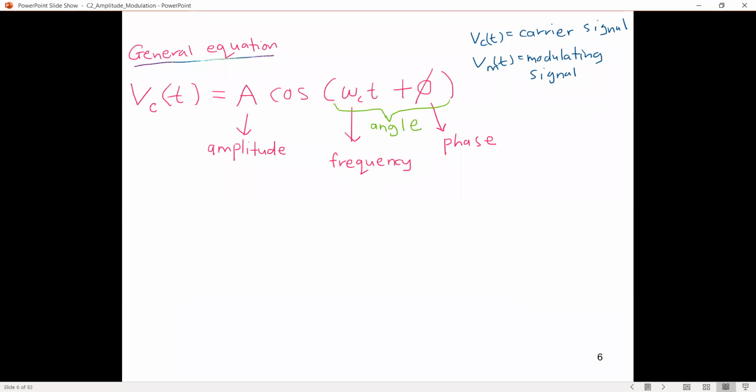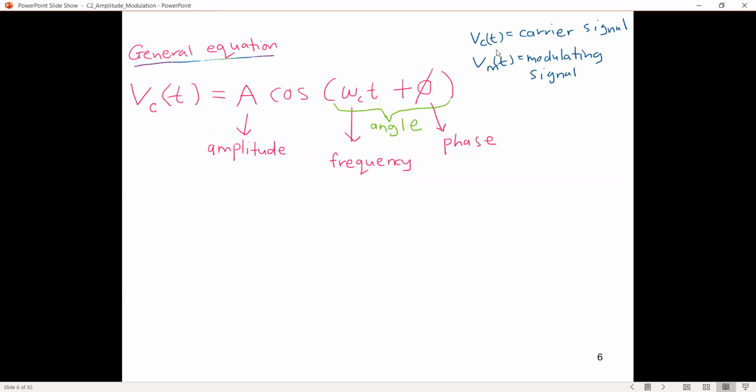Okay, just in my previous slide, I mentioned a number of carrier signal characteristics that we can change to modulate. So let's use this illustration. You have learned this in previous courses. This is basic information about signal.